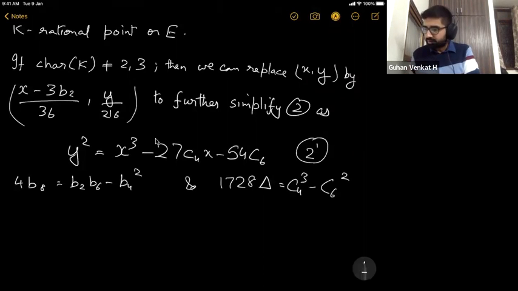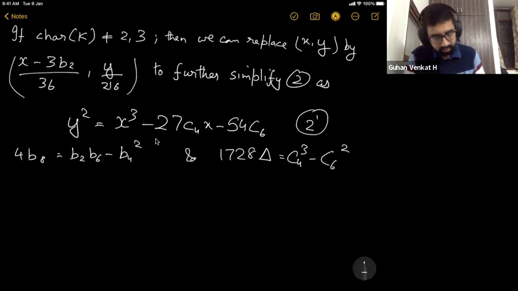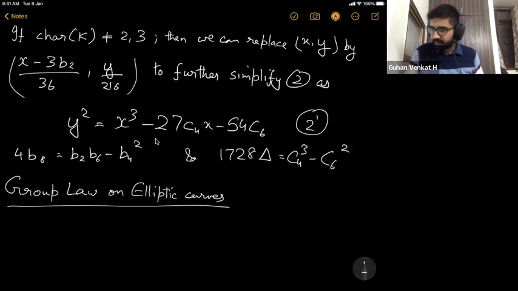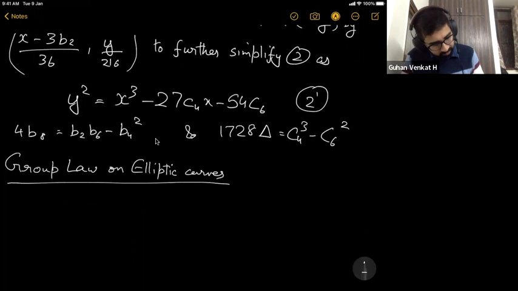Okay, so that's a very crash course introduction to elliptic curves. But I also want to discuss the group law. The set of points on an elliptic curve forms a group.